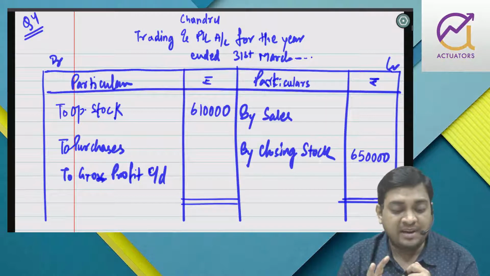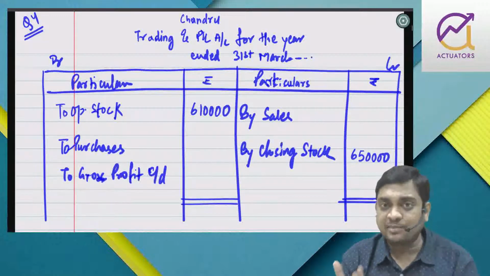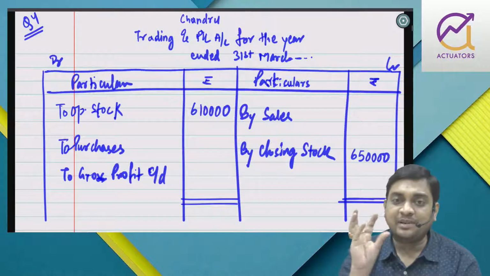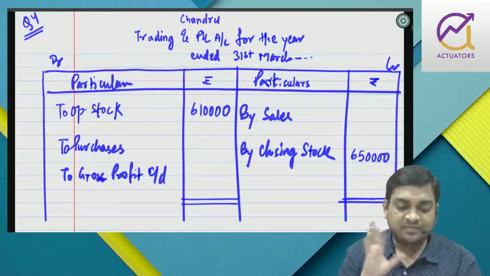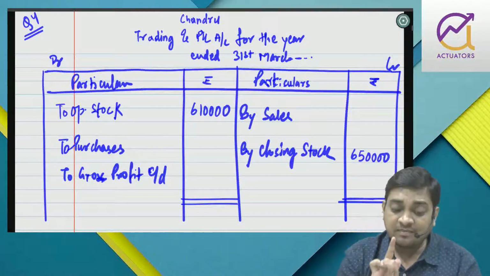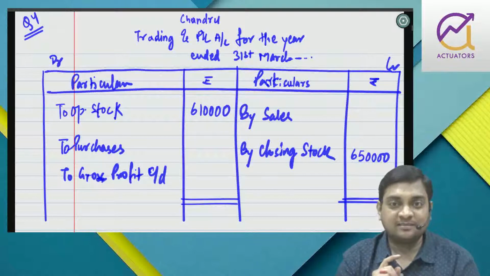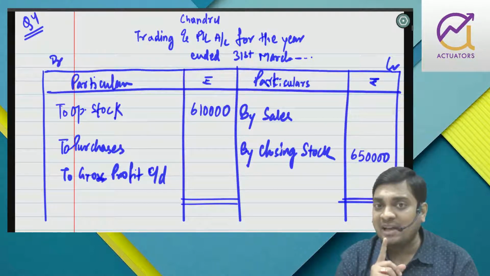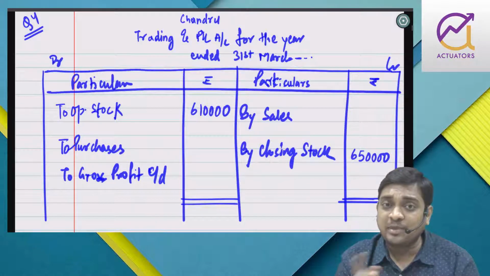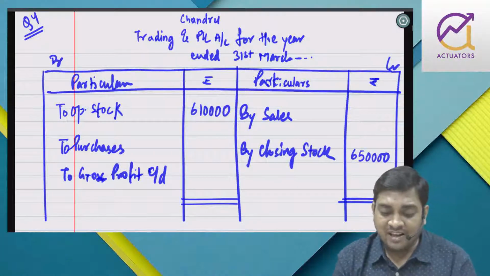So we know the opening debtor, we know the closing debtor, and the receipt was given. That receipt I put in debtor, I get credit sale. Same was with creditor, but here I don't know the closing creditor. So with an account I can get only maximum one missing figure, I cannot get two. So in that case I have to calculate purchase in a different way, and that is possible.